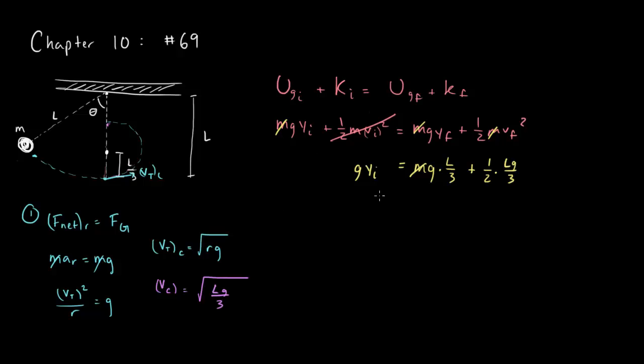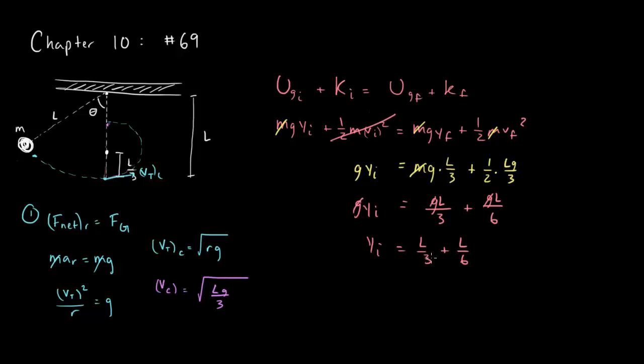So just a bit more getting rid of some more things, and you can see that I have gL over 3 plus gL over 6 is equal to g y initial. Once again, the g's cancel, right? So y initial equals L over 3 plus L over 6.